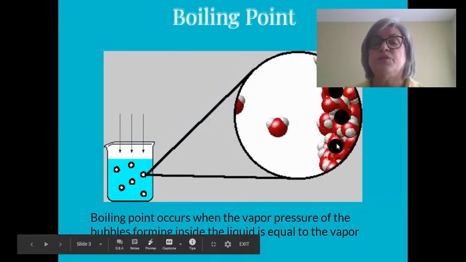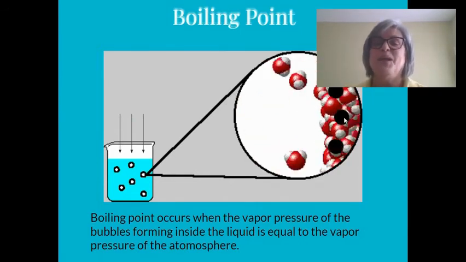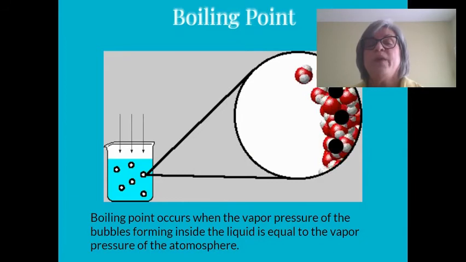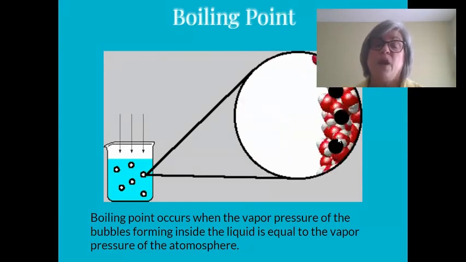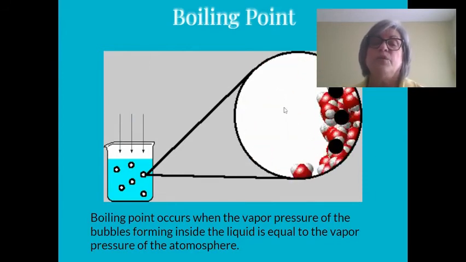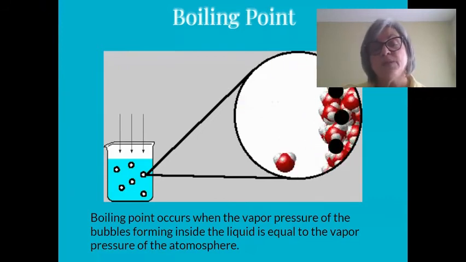What I've done is introduced some solute particles. They're not moving like the rest of the particles, but you get the picture. When there are solute particles in the solution, again, they get in the way and interfere with the particles in the solution that are trying to escape into that vapor stage within those gas bubbles.